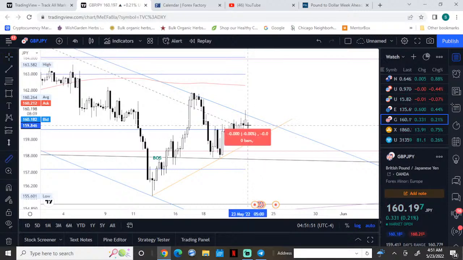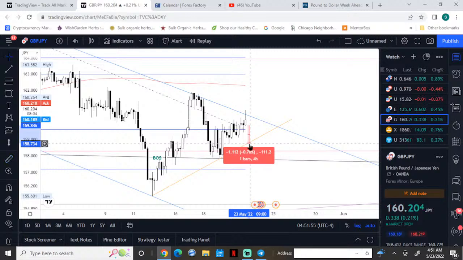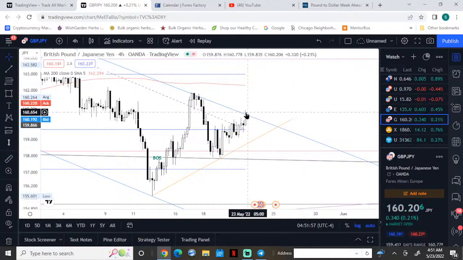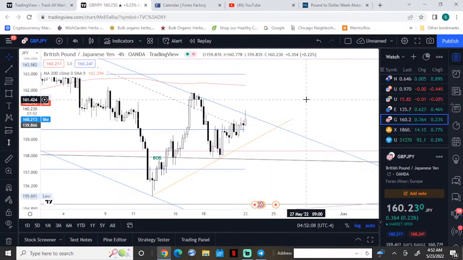Let's see. Do I want to wait? That's 100 pips. Nope. That's a nice rejection. If we get another sell candle, I'm going to get in that. I'm going to trail it because it could come, hit this. It could ping back and forth.